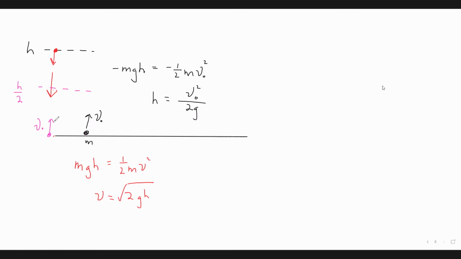Well, what's the total work? The total work in that case is minus mgh over 2. And that must equal the change in kinetic energy, which is 1/2 m v1/2 squared minus 1/2 m v0 squared. So just solve for that.